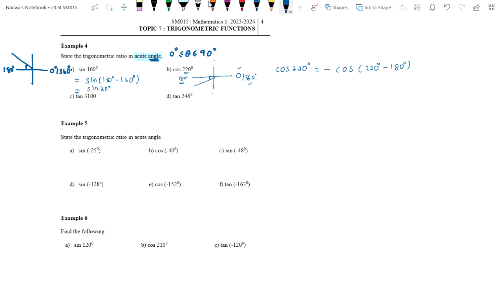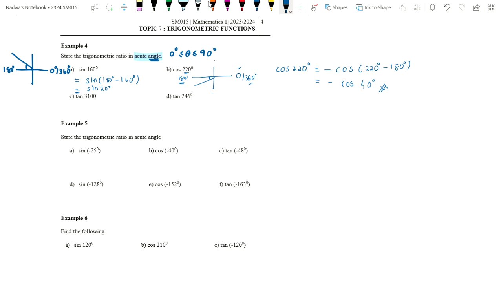So we should put the negative sign there. So negative cos of 220 minus 180, you will get cos 40 degree. Meaning that cos 220 degree is equivalent to negative cos 40 degree.